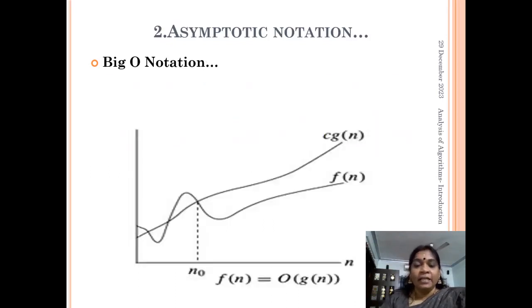Here g(n) is our algorithm, f(n) is an existing algorithm. In the graph, g(n) is always greater than f(n) with respect to a constant. So this is the representation of g(n). We represent big O notation as f(n) = O(g(n)).